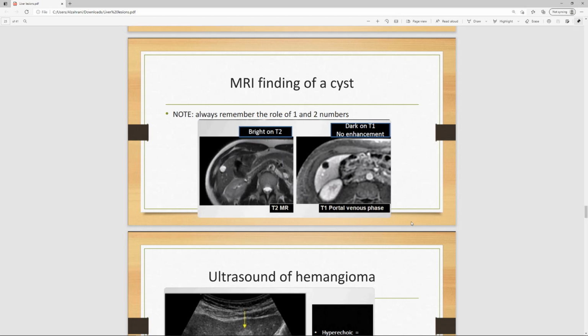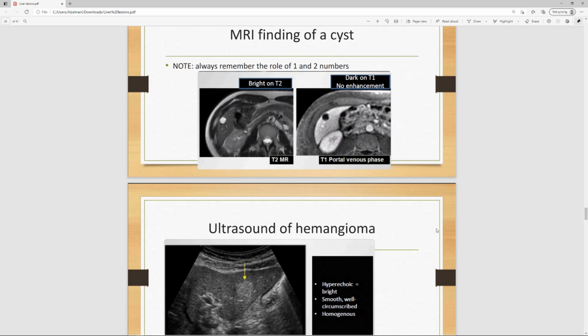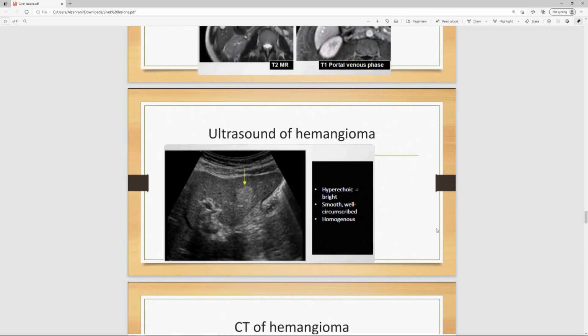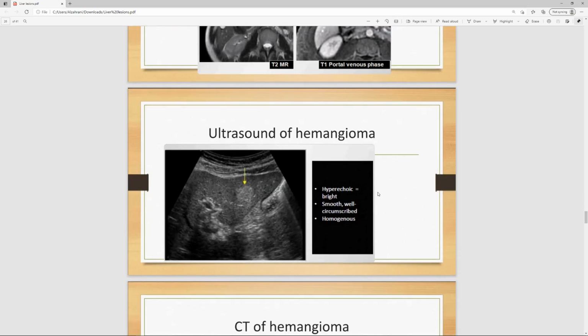Okay, this is a quiz. قلنا في الالتراساوند of hemangioma: hyperechoic, smooth, well circumscribed, homogeneous. These are characteristic of hemangioma, while hepatic adenoma is something different, heterogeneous.